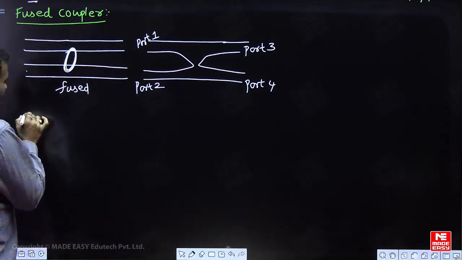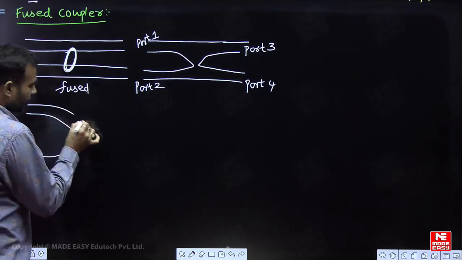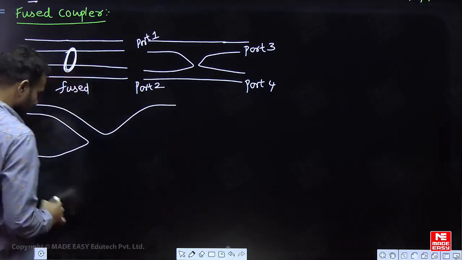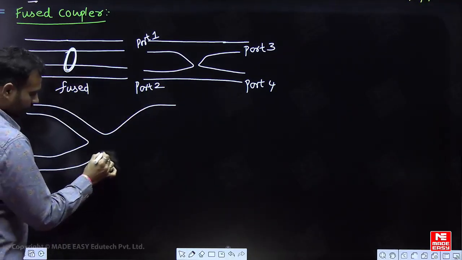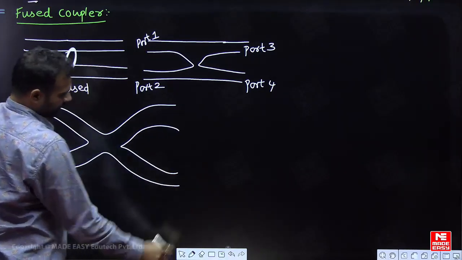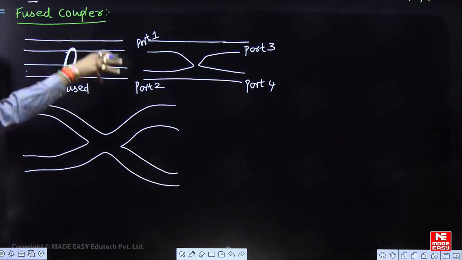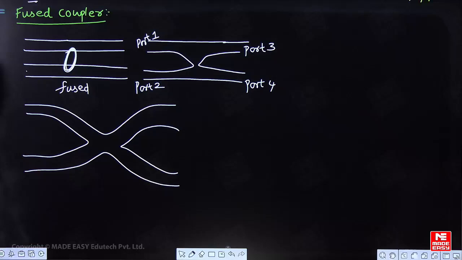Now talking about the fused coupler, it looks like this. This is the fused coupler we are having. So like this it is fused and the coupler will be changed like this.